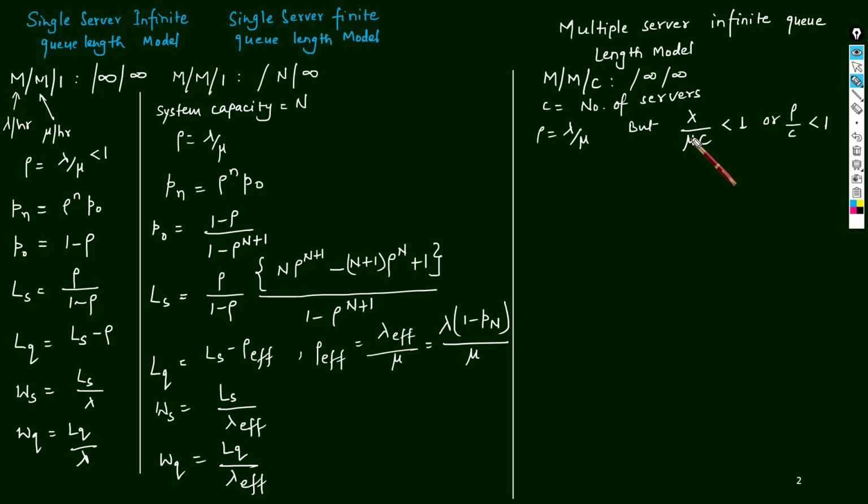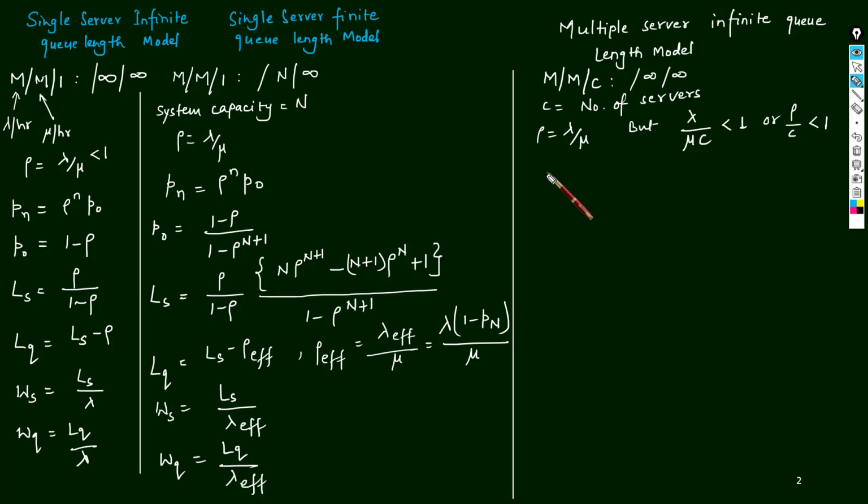This is the service rate for one server, and here the number of servers is C, so this term has become mu into C. Clear? Now what are the expressions of Pn and P naught?